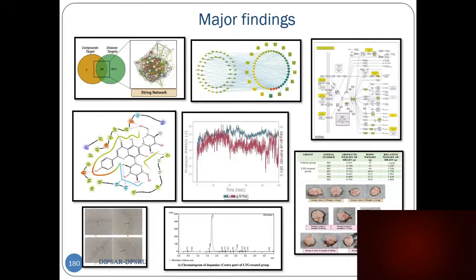But how your drug is interacting in the active site, you will get to know by docking, and how stable it is in the active site, you will get from the dynamics, and then you can couple it with experimental studies as well. This is another one with the same flow, where we have done network, then molecular docking, then dynamics, then experimental animal studies.